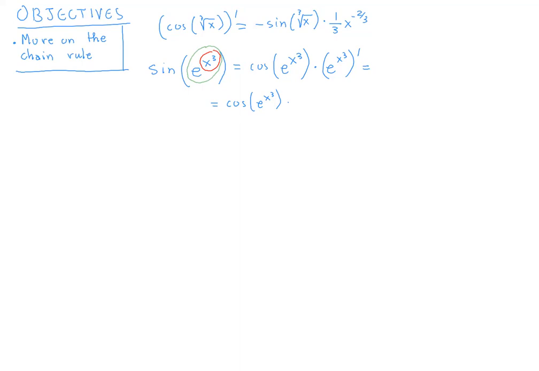And the derivative of e to the x cubed, so now we designate x cubed as our inner function. So we're faced with e to the y. The derivative of e to the y is e to the y, meaning e to the x cubed. And we multiply by the derivative of what we designated as y, meaning the derivative of x cubed, which is 3x squared.